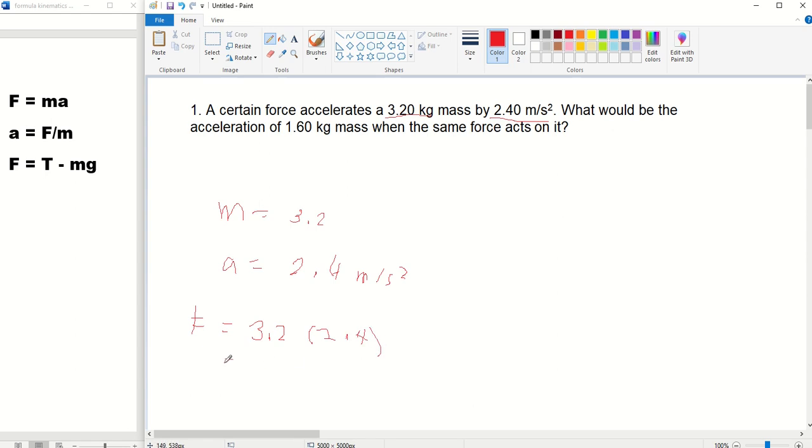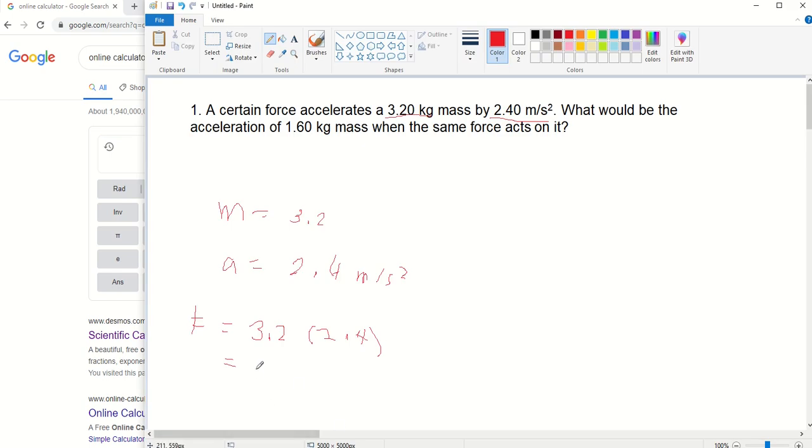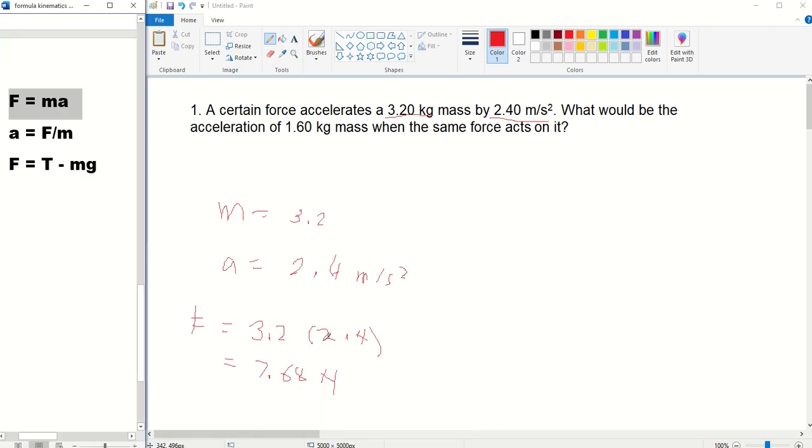So ang force natin ay 7.68 newtons. So ngayong nakuha na natin yung 7.68 newtons, tingnan natin yung question.